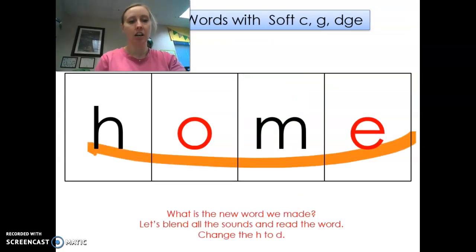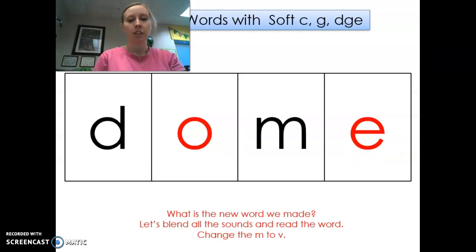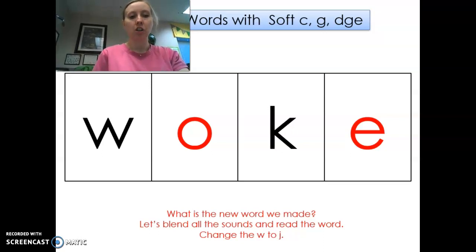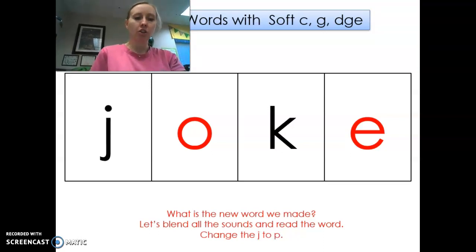Okay, let's read this. Home. Change the h to d. Dome. Change the m to v. Dove. Change the d to w. Wove. Change the v to k. Woke. Change the w to j. Joke. Change the j to p.